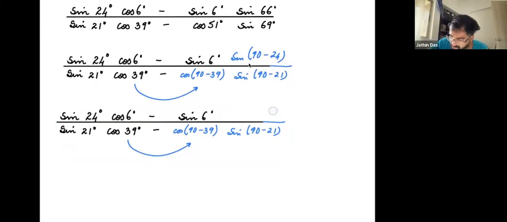Sine 90 minus 24 will be cos 24. And cos 90 minus 39 will be sine 39. And sine 90 minus 21 will be cos 21.